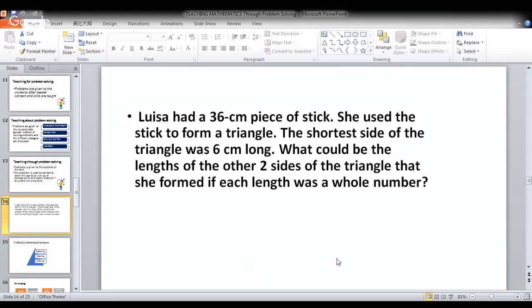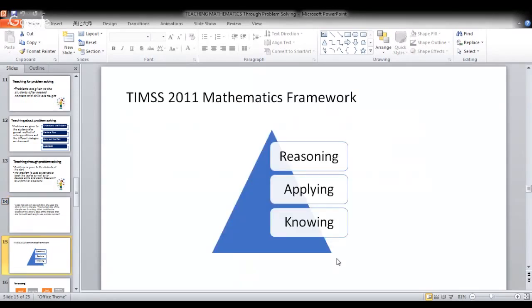So a good problem that you will use for teaching through problem solving is recommended to address two strands. It has many solutions, one correct answer, or many possible answers. If that problem satisfies that, it's a very good problem that we could use in the approach of teaching through problem solving.